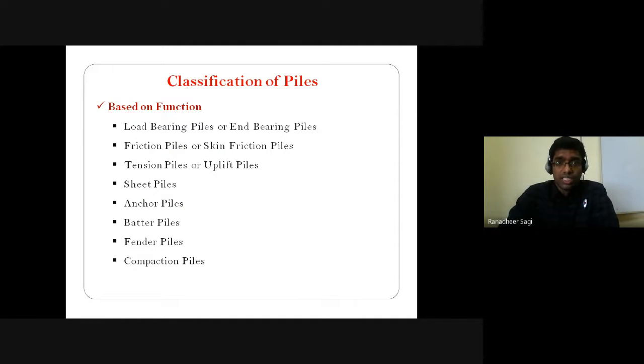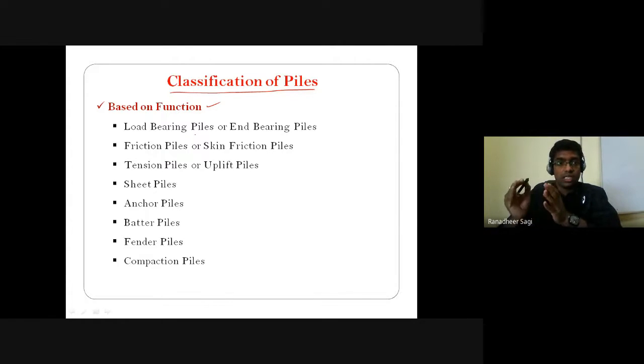Now, coming to the classification of piles, how are piles generally classified? Based on various criteria, piles are classified. One such criterion is based on the function, for what purpose that particular pile is constructed.